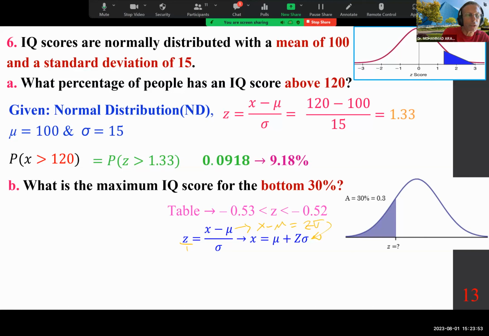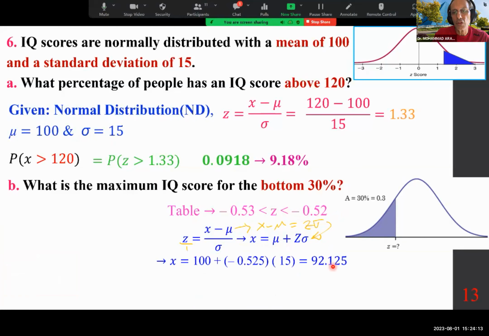If I move the minus mu to the right, it becomes this formula. So you should know this formula from here. So replace the mu with 100, replace the sigma with 15, and find a number in between, for example, minus 0.525, and it gives you this score.